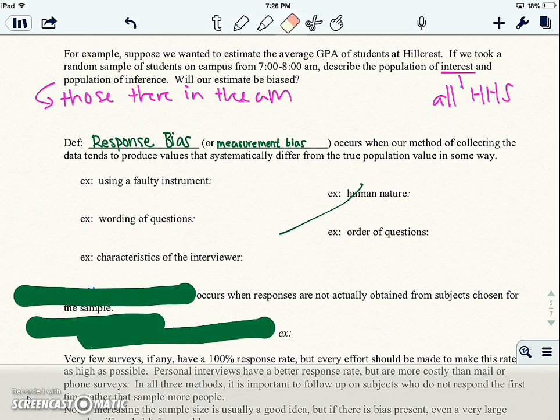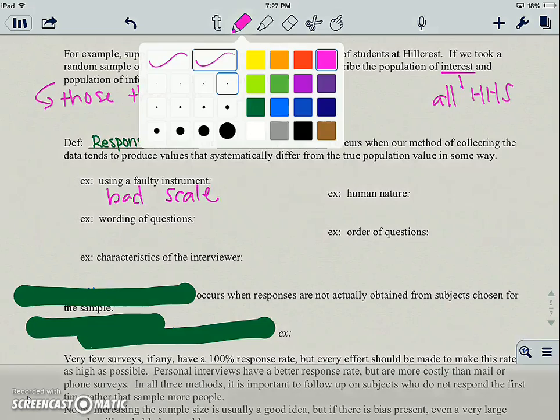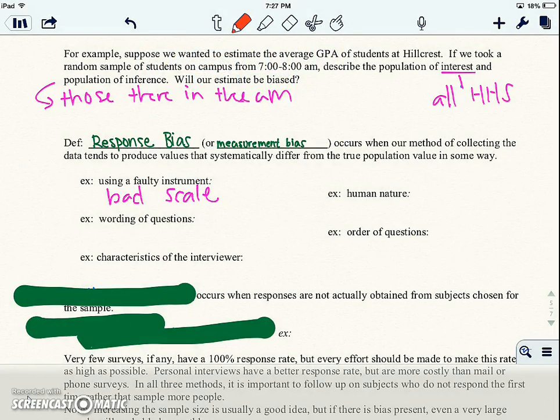If you were doing a survey on student weight and you happen to have a bad scale that's over measuring everybody, okay, it's a few pounds over, that's a problem. Or let's say you and your friend were doing a project on student weight and your scale was off but your friend's was correct, then you've got response bias.